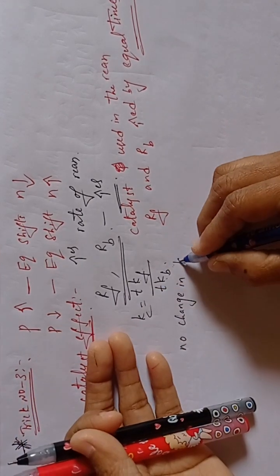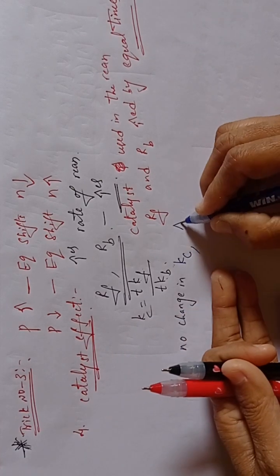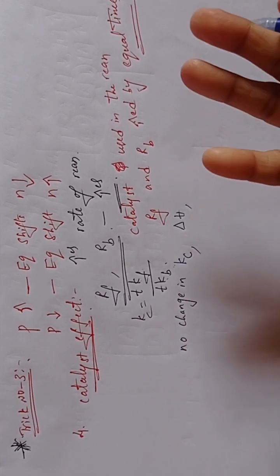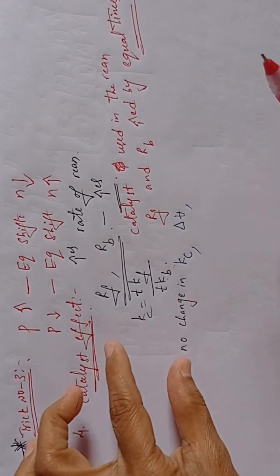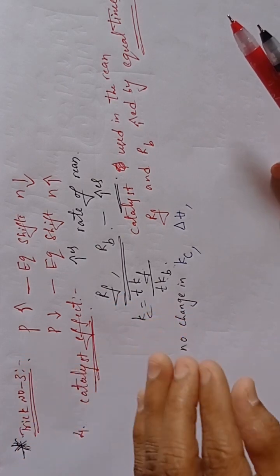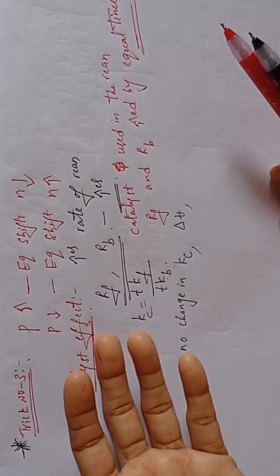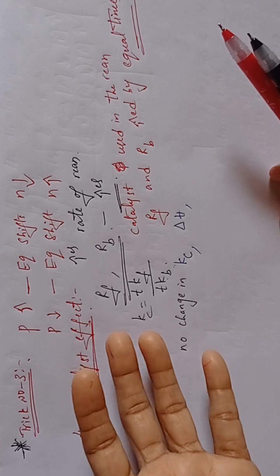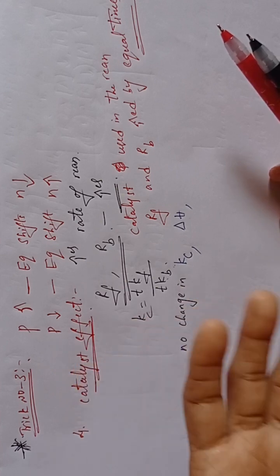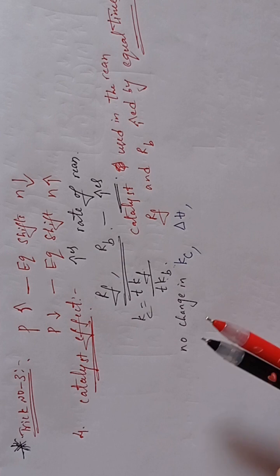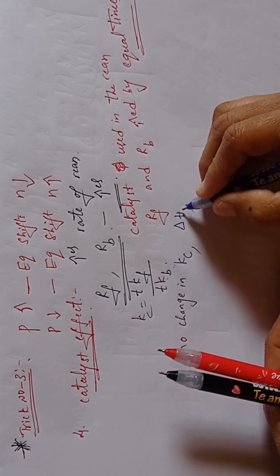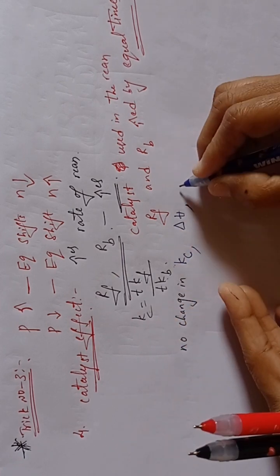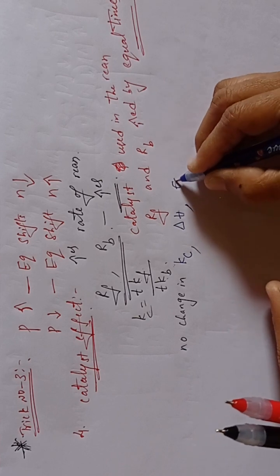Next one, delta H value, the change in enthalpy. Since both rates are increased by equal times, there is no change in the composition of reactants and products, and the delta H value is also constant. The equilibrium mixture is also constant.